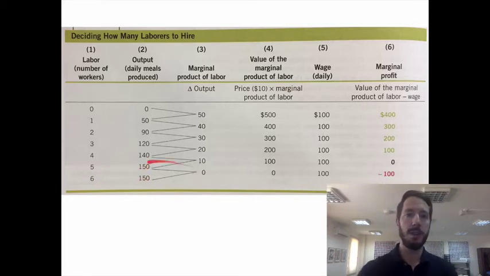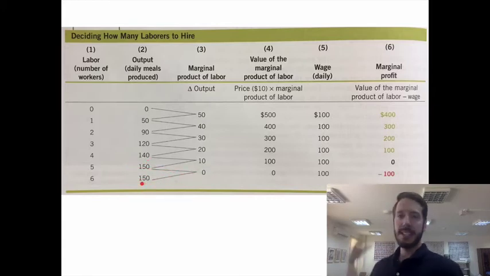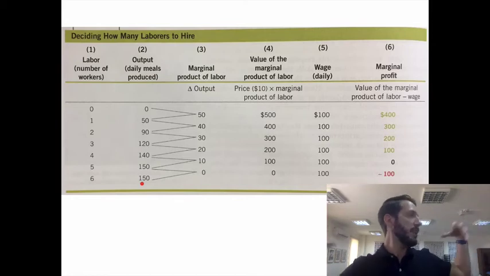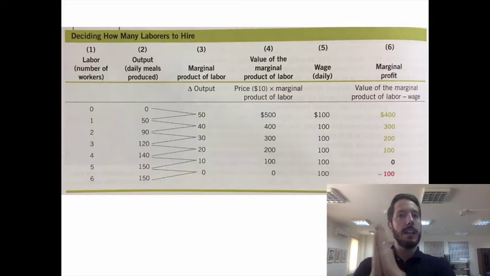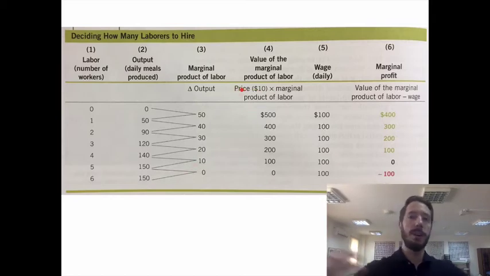The marginal product of labor is 0, the output increase is 0. Maybe if I add a 6th person, there's not enough space for people to work and things don't become very efficient. Now, let's take a look at the value of the marginal product of labor, which is the price per Big Mac meal multiplied by the marginal product of labor.